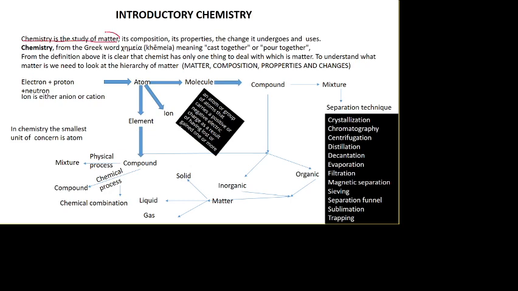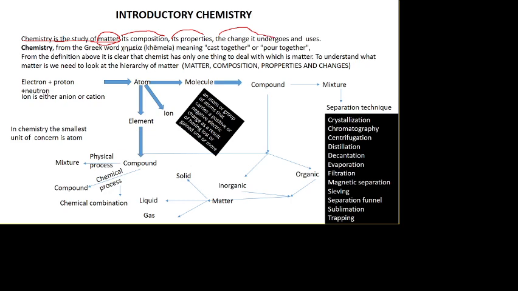That is, in chemistry, we are concerned with one entity called matter. What part of matter are we concerned with? We are concerned with the composition of matter. We want to know the properties of matter. And we want to know the changes that matter will undergo.